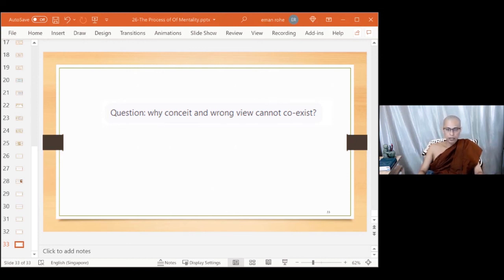So the literature mentions that they both have a powerful nature in their own way. Wrong view takes something in the wrong way, and because this nature is very strong, the other nature of being proud, the conceit, cannot be there.